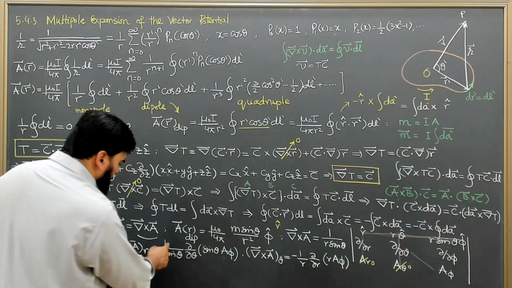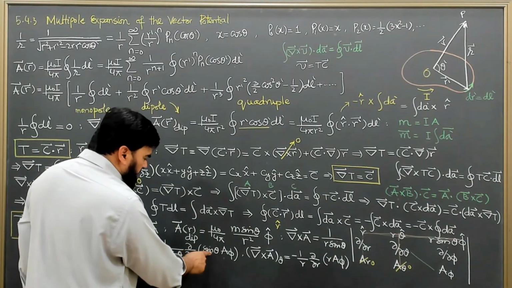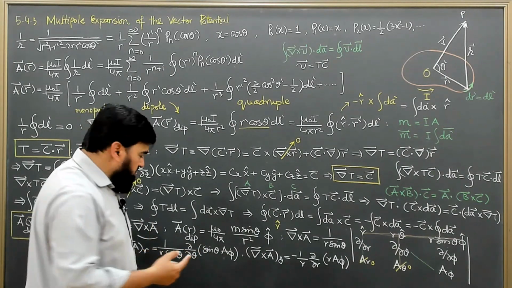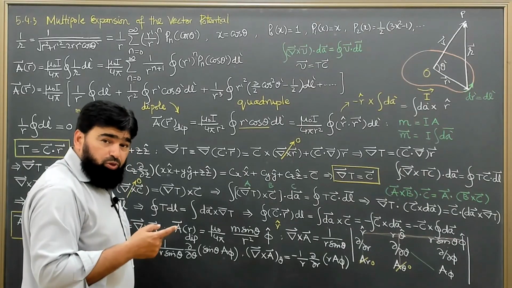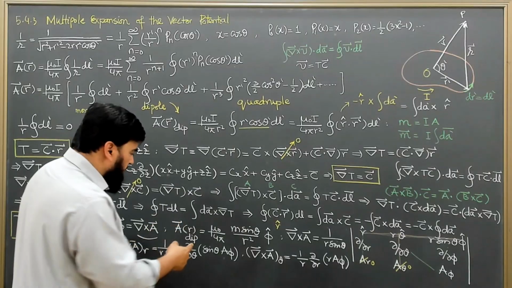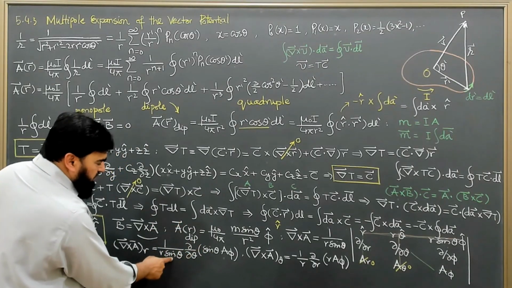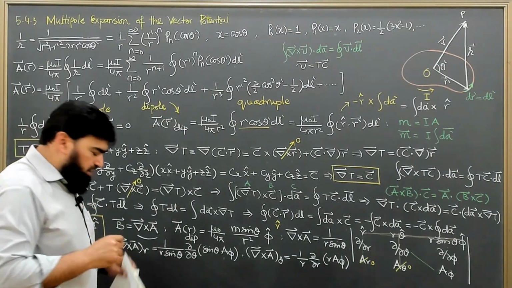So we will have 1 over r cube and m here. Then the derivative of sine squared theta comes out to be 2 sine theta cos theta, and then sine theta will simplify with the sine theta here and only 2 cos theta will remain.